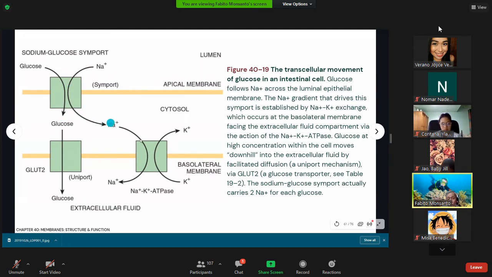So if you are putting the sodium out, then sodium now comes in with glucose. Okay. All right.